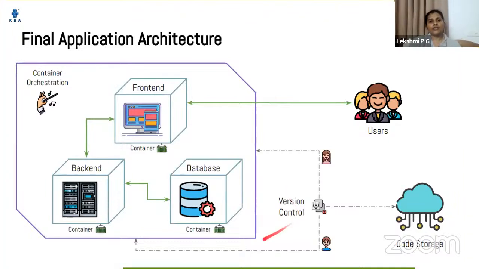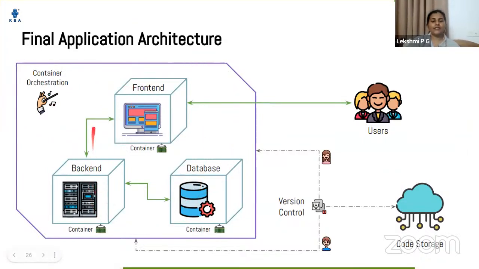So this whole thing forms the final web application architecture. A web application consists of a front end, back end, and a database part. The user interacts with the front end, the back end gives whatever is needed for the front end, and the data is stored in a database.